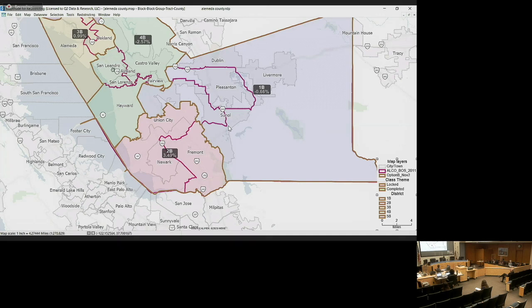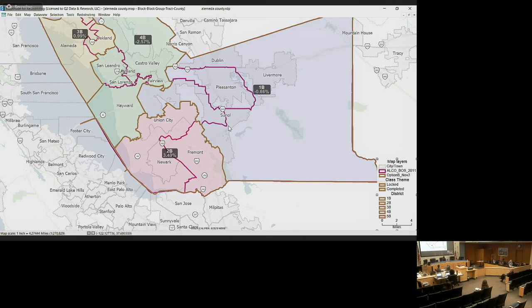Next, I'll move to the Green District, District 4. And here we tried our best to follow the community of interest submissions to keep together the urban unincorporated communities. And so in that, we have keeping together Castro Valley with Fairview, Ashland, Cherryland is here, and San Lorenzo. So all of these are in a district.